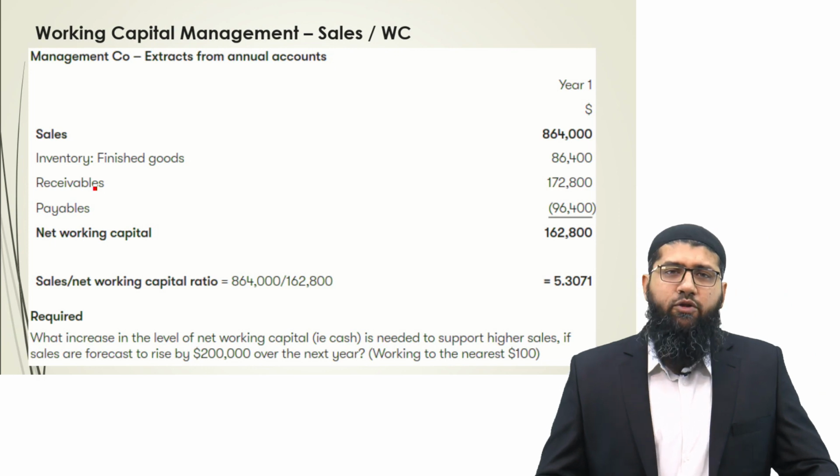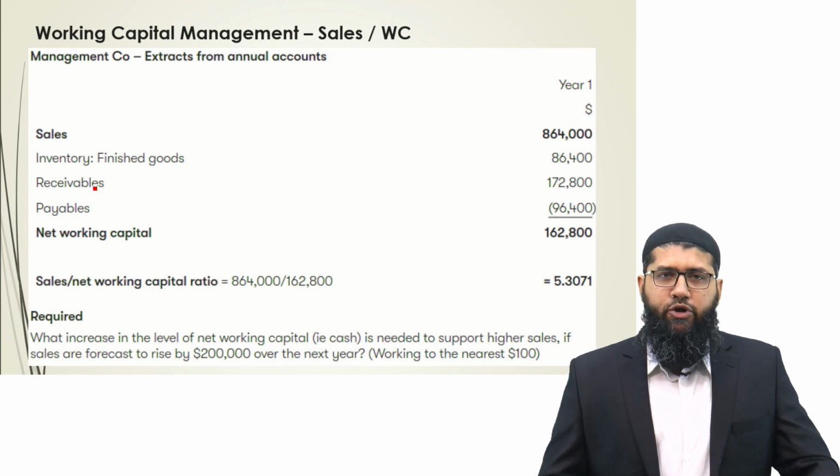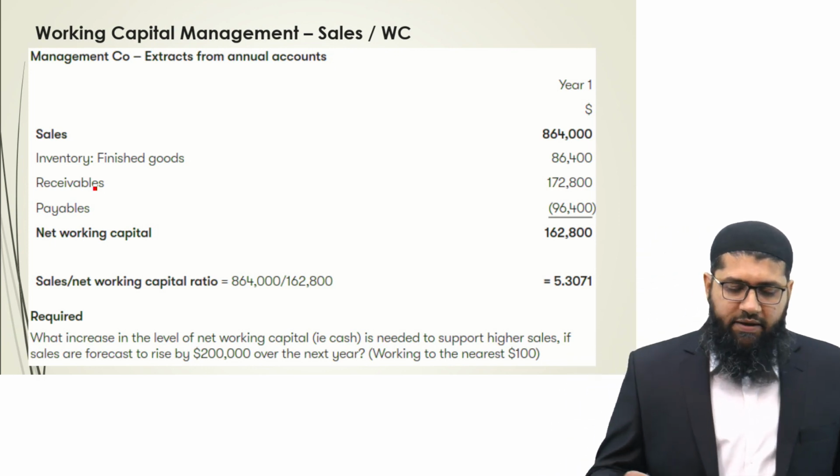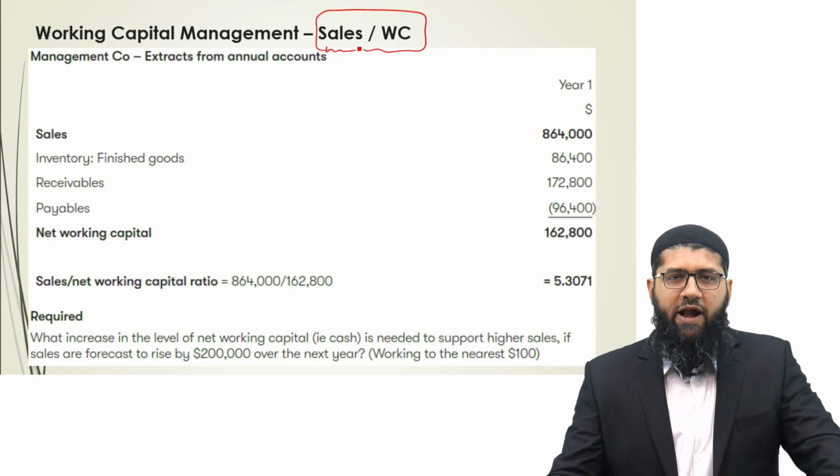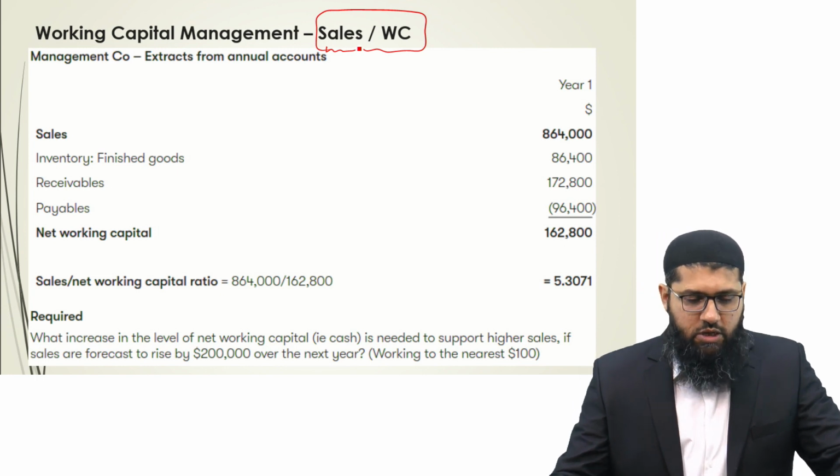Now, with respect to the different ratios, we are now going to talk about another ratio, and that is called the sales to working capital ratio. We would try to solve this example and take things forward. So what does it say?